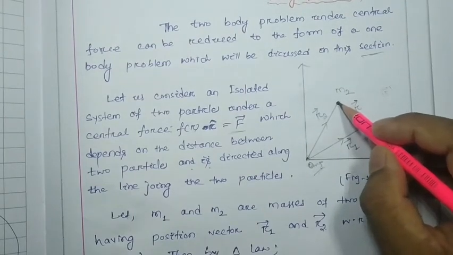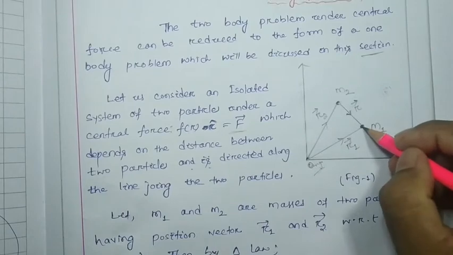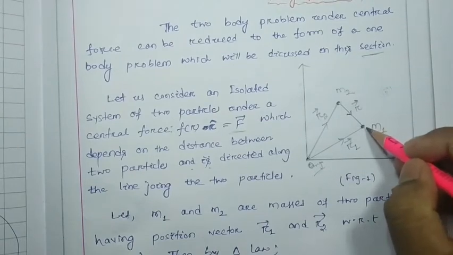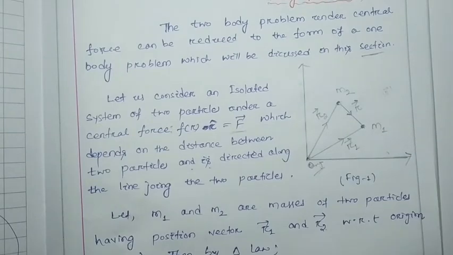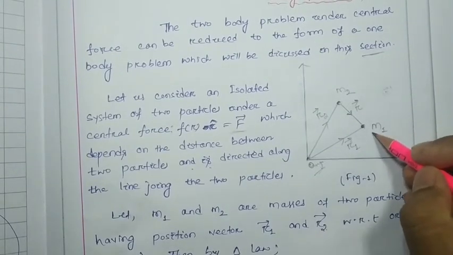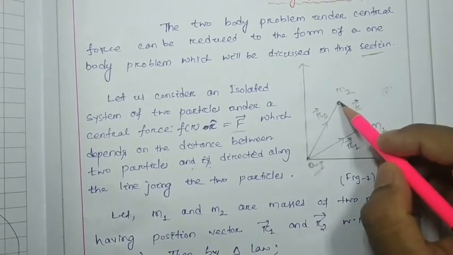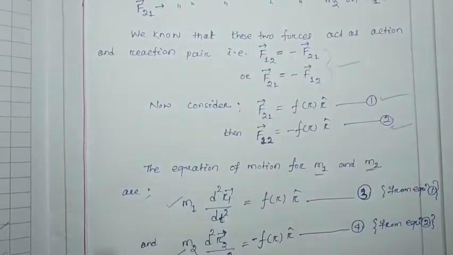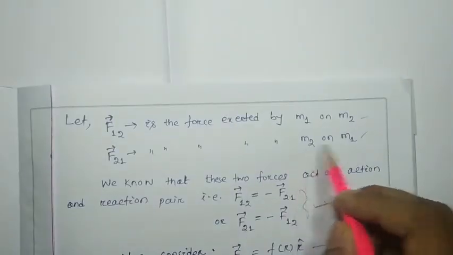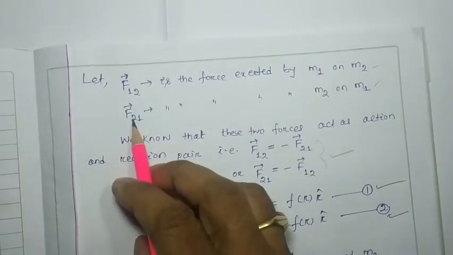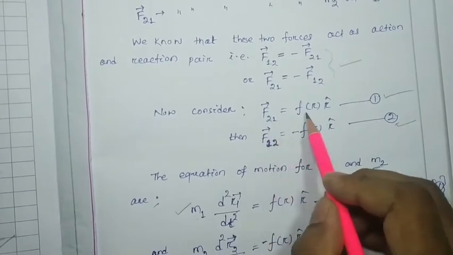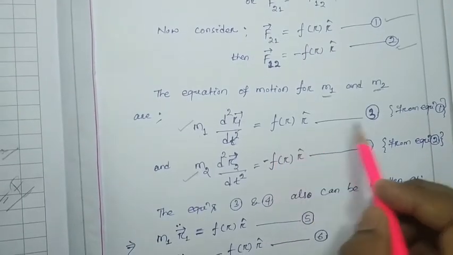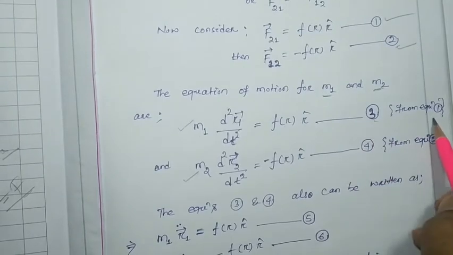Whatever force m2 exerts on m1, due to that force m1 is in motion. So the force exerted by m2 on m1 is F21, which is nothing but F of r cap. So here I wrote F of r cap. Let it be equation number 3, substituted from equation number 1.